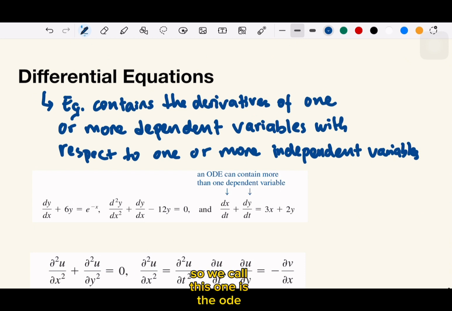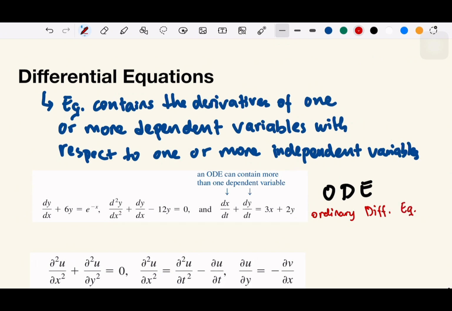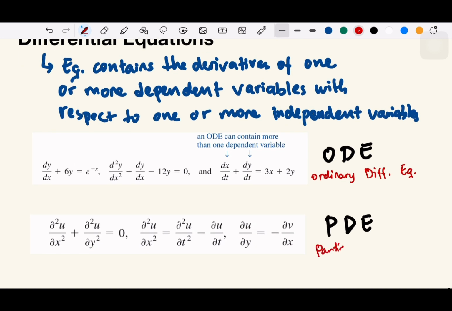So we call this one the ODE, which means ordinary differential equation. We write differential as diff and equation as EQ. And this one is the PDE, the partial differential equation.